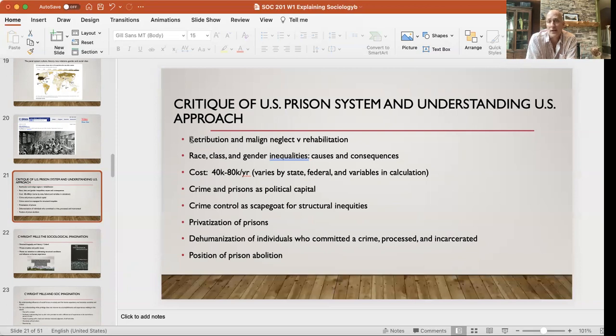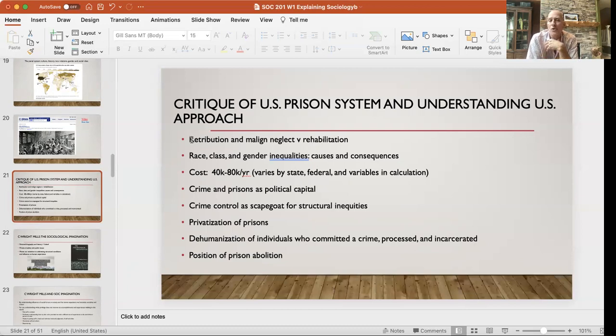There are inequalities existing in our criminal justice system: race, class, gender. There's a cost factor to incarcerate someone in the state or federal system. The cost varies, but it's expensive. There's a viewpoint that our prison system is a place for politicians to exert a position. There's political gain, political capital that's gained.